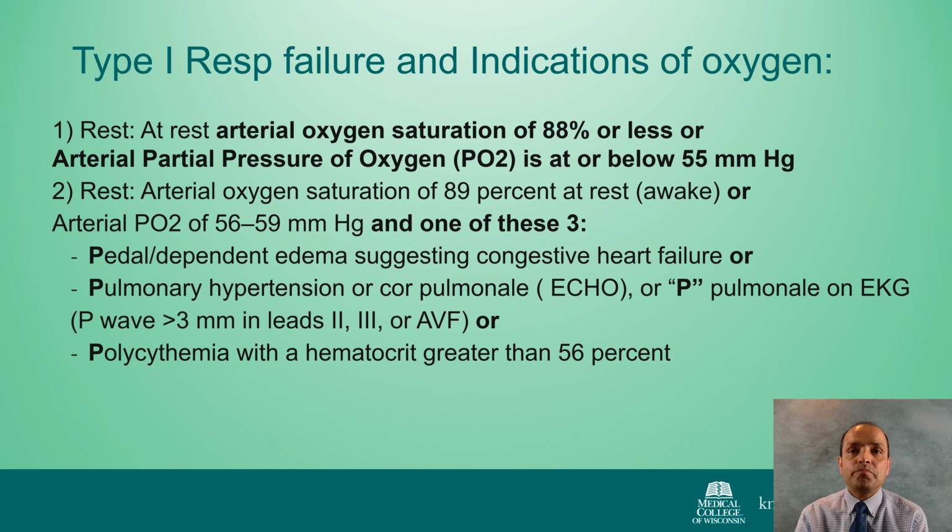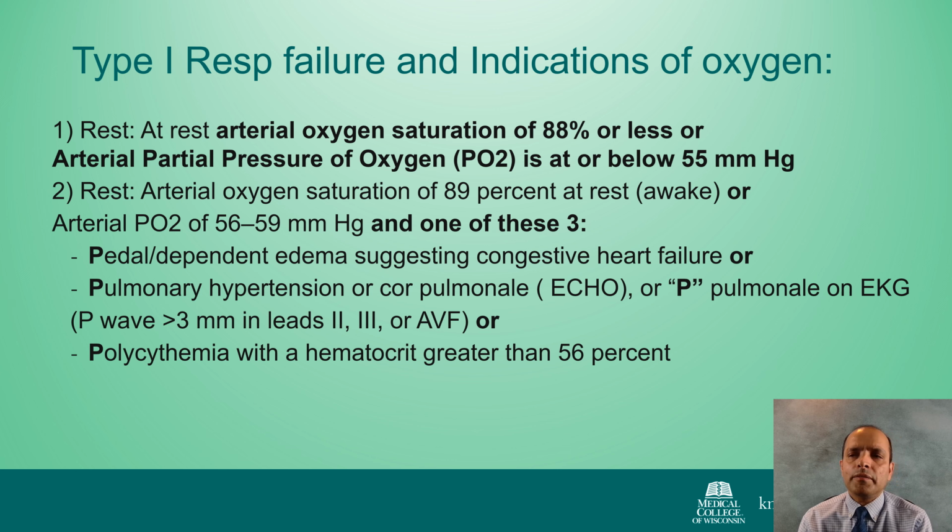And if somebody has pulmonary hypertension for some time, they tend to get features like pedal edema or dependent edema. And they also have P pulmonale in the EKG, which is a tall P wave. And also some people tend to get polycythemia when you check CBC.